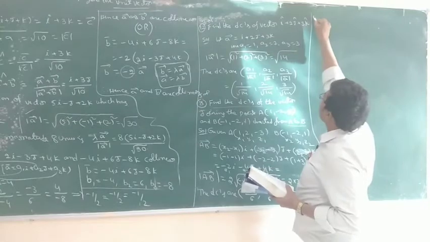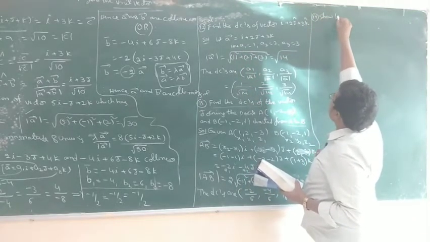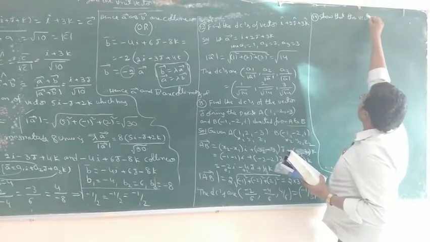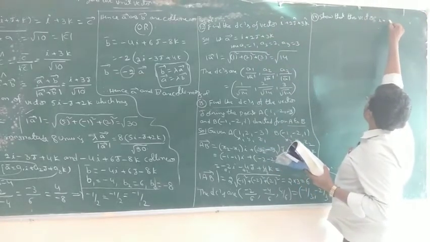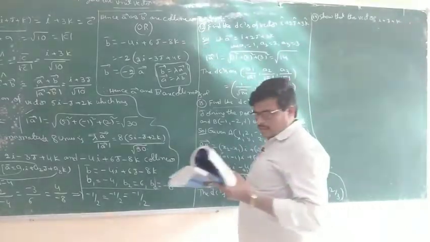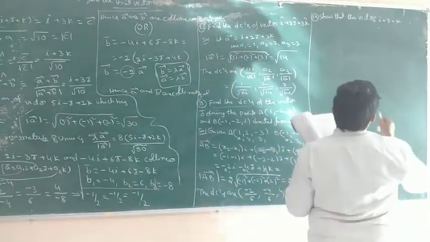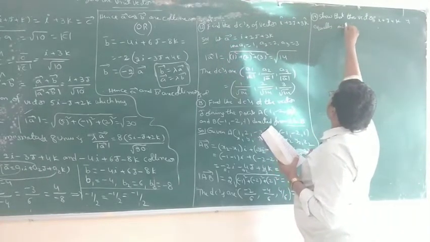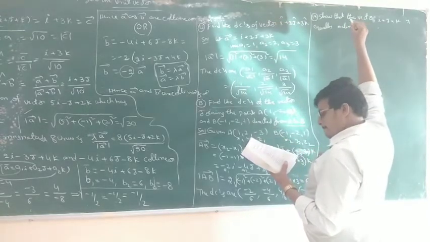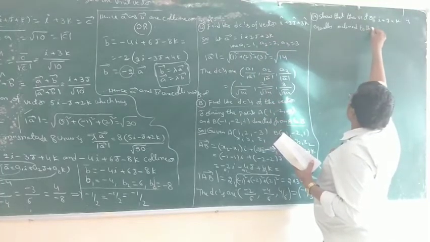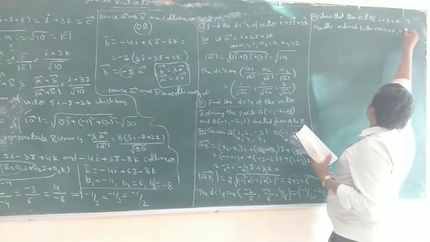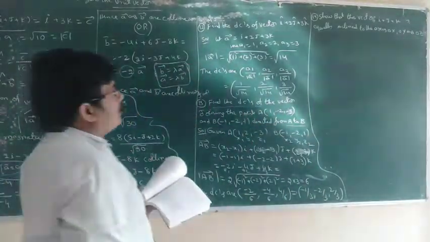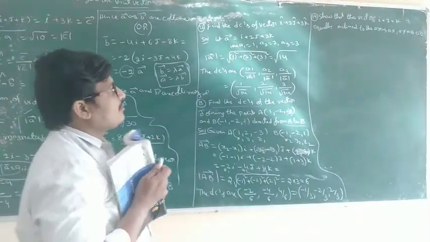Show that the vector i plus j plus k is equally inclined to the axes OX, OY and OZ.